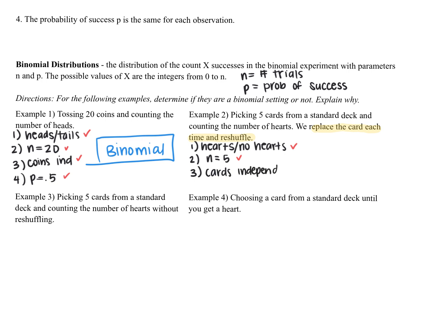If we weren't replacing the card, we would run into problems, and also if we weren't reshuffling. Then for the fourth, the probability of success is going to remain the same, 0.25, because there are 4 suits. So there's a 25% chance on each draw that you get a heart. So this is a binomial distribution.